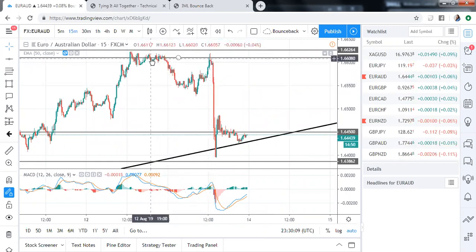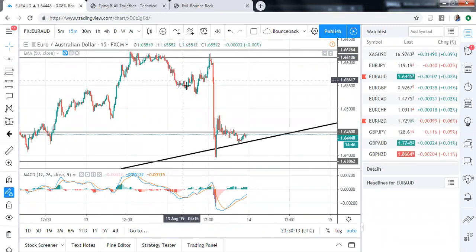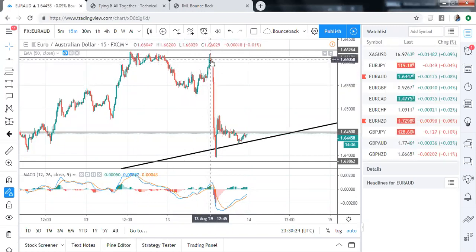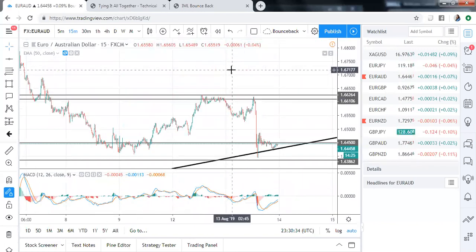Touch the same resistance zone twice, double top. You touch here, went away, come back, you have your double top here. So for those that missed this trade, you could have gone into this trade based on this double top, touching resistance. That's why I say support and resistance is really nice, especially when you know what you're doing.